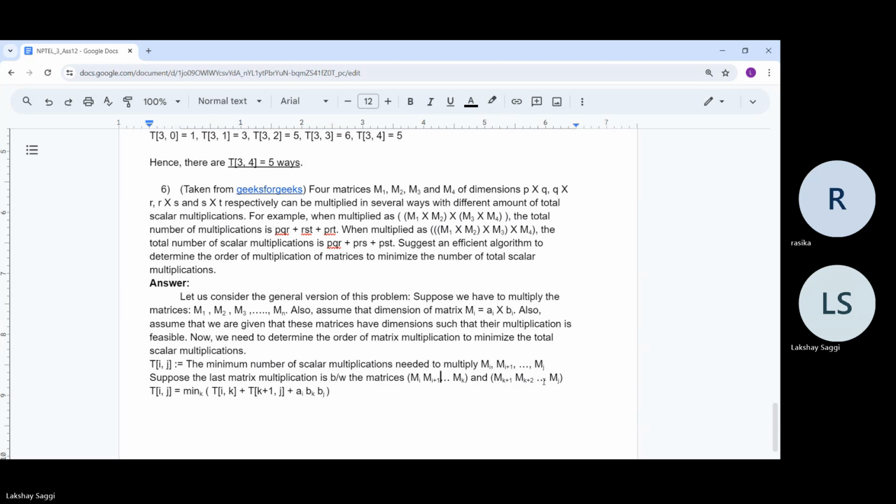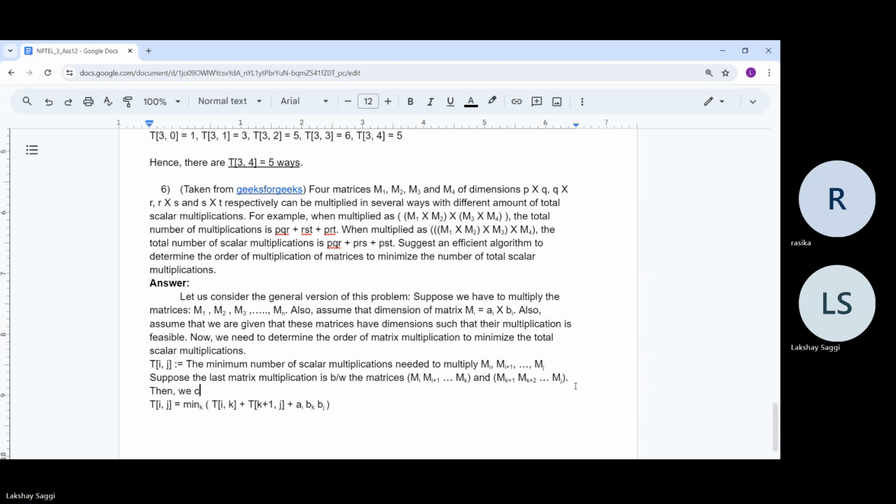So suppose the last matrix multiplication is between these matrices.